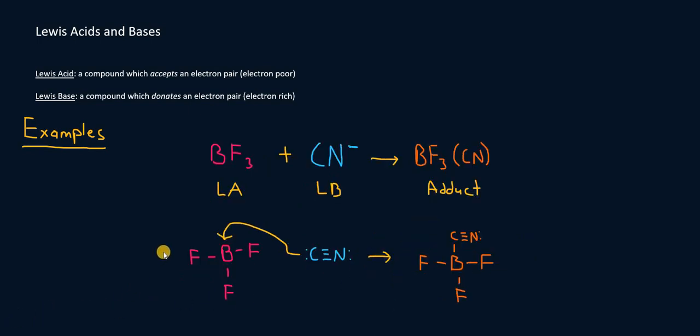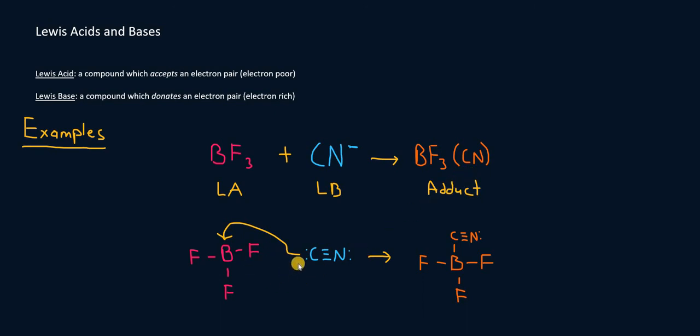So here's another little example of one of these Lewis acid-base reactions. So here we have BF3, which is going to be our Lewis acid, CN- cyanide, which is going to be our Lewis base, and from that we get our adduct, which is this BF3CN complex.